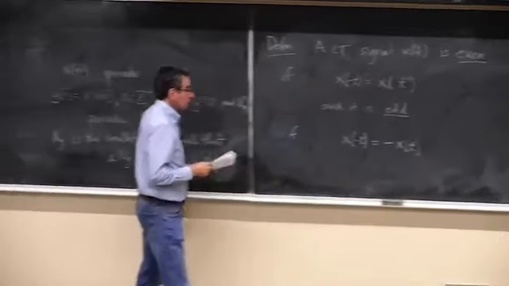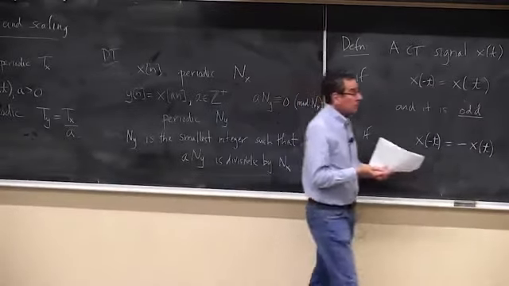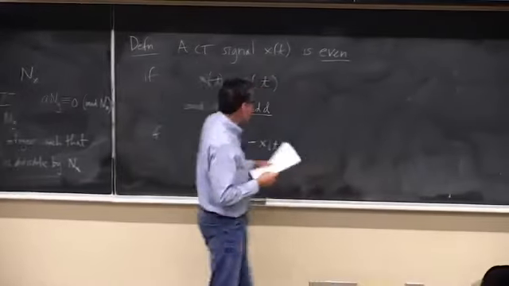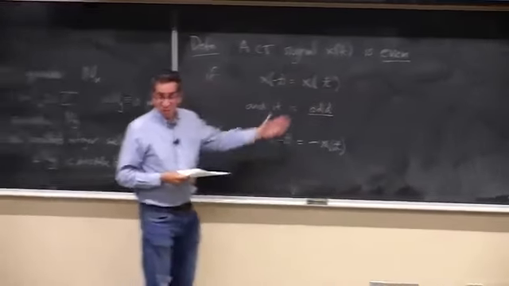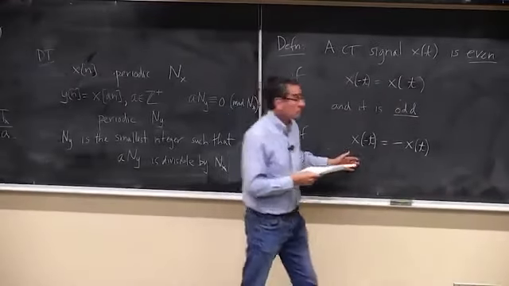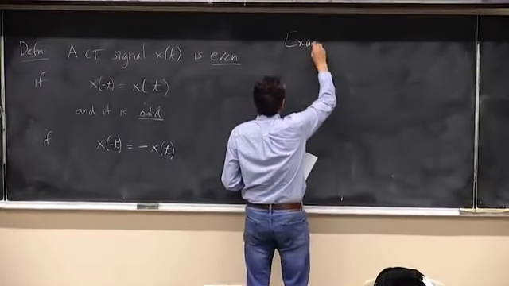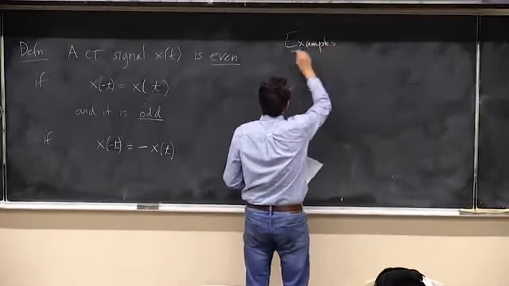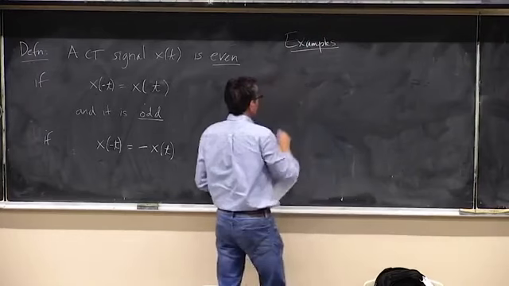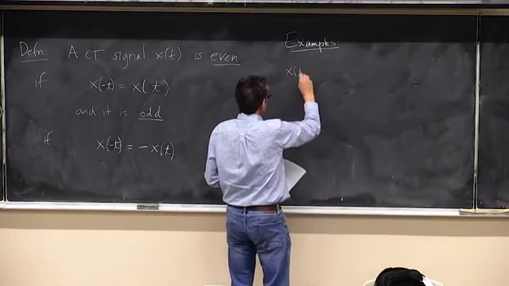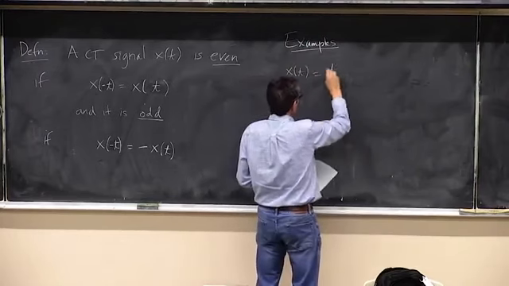And there are some very simple examples of signals that satisfy these properties and that don't. For some simple examples, we can look at x of t equals t squared.